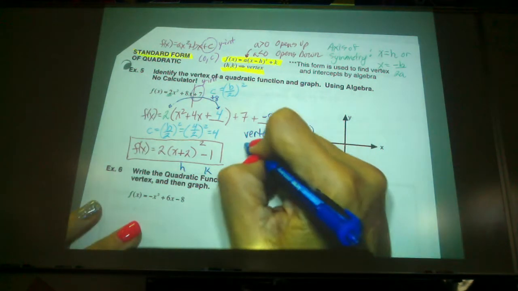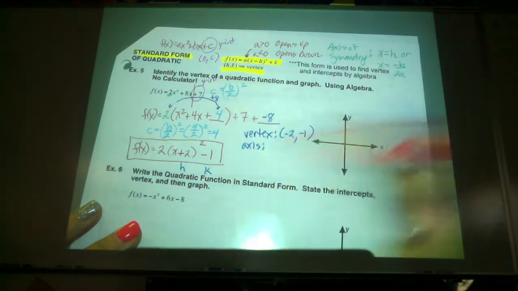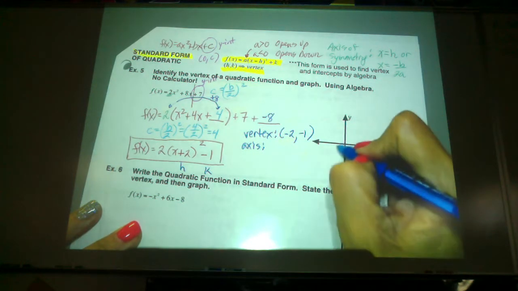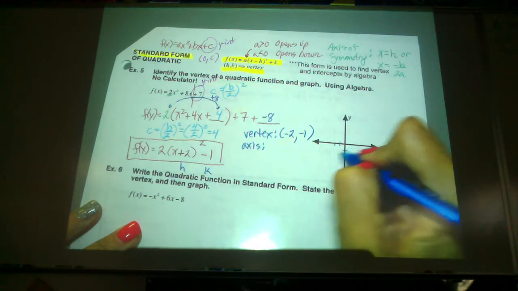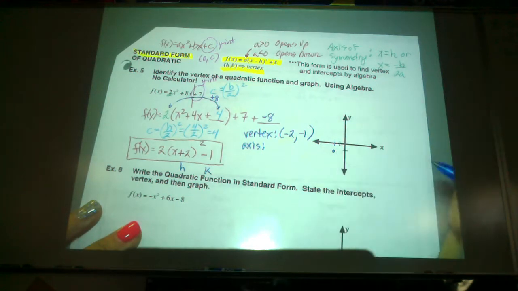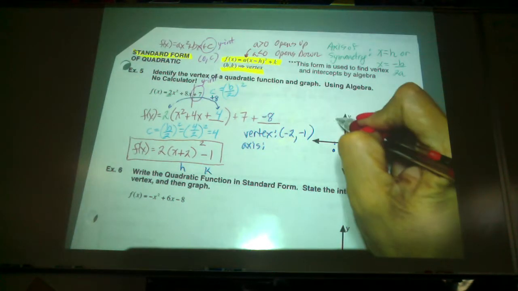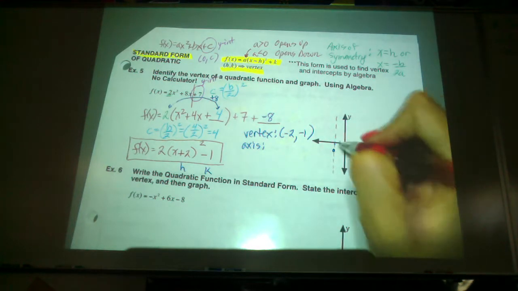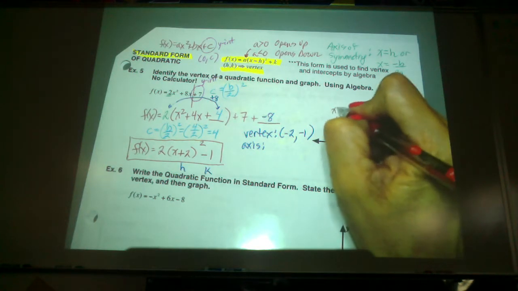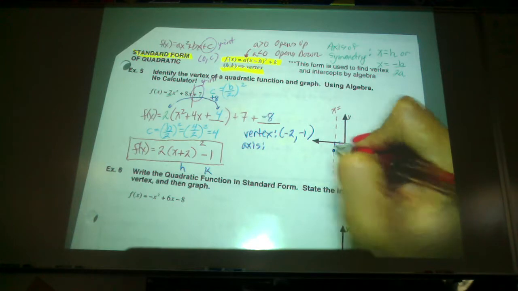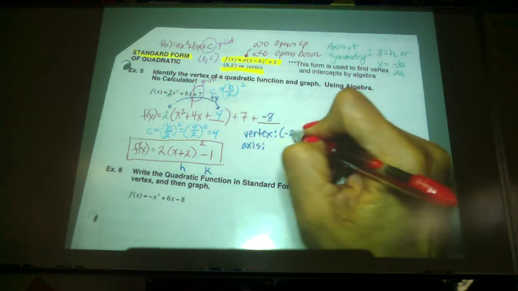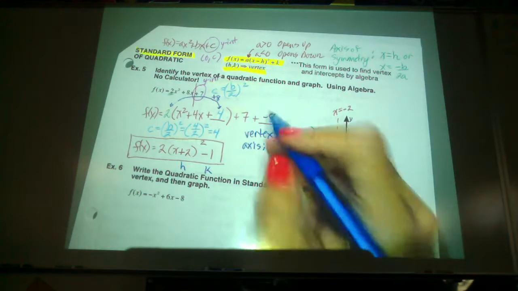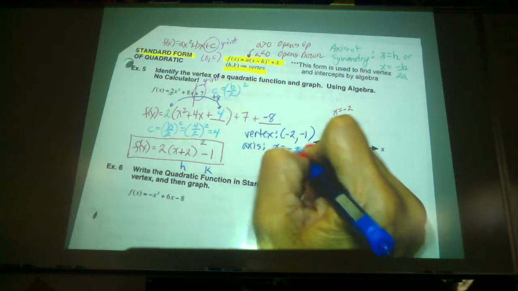My axis, if they ask for it, so if I have (-2, -1), I'd have a point right here. My axis of symmetry goes straight through, vertically through that point. It goes through the x-axis, so it's x equals, at what point? Negative 2. That's the x value of the vertex.